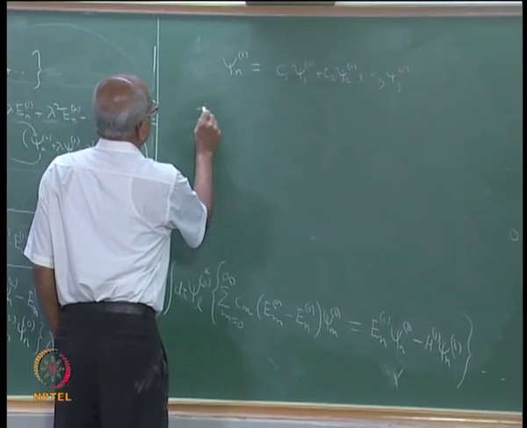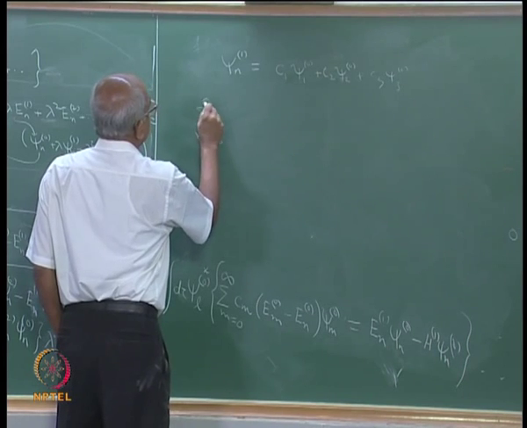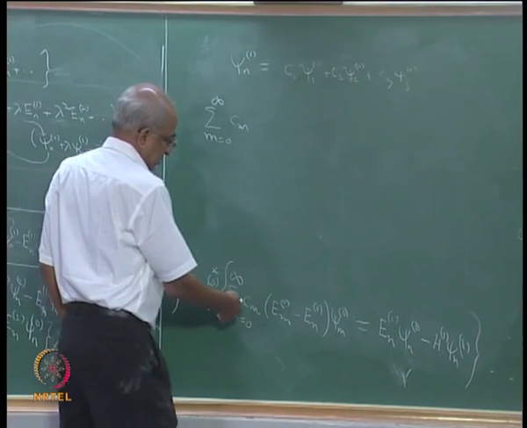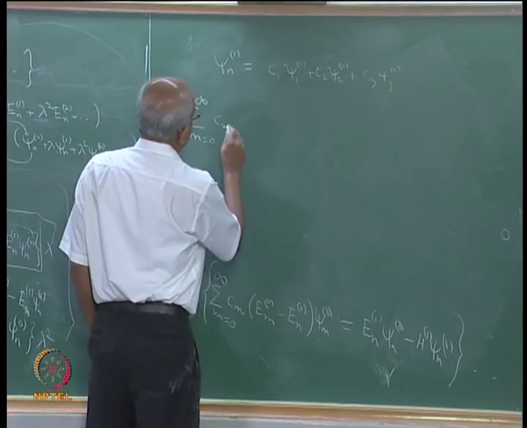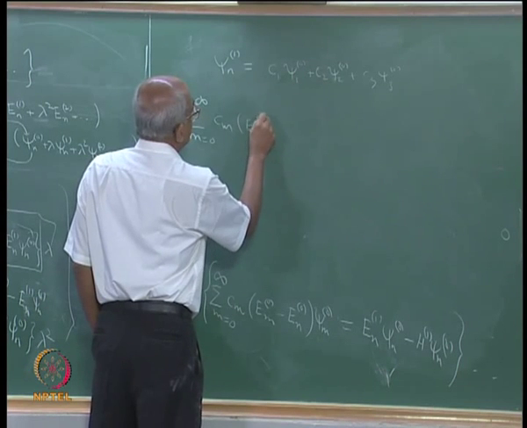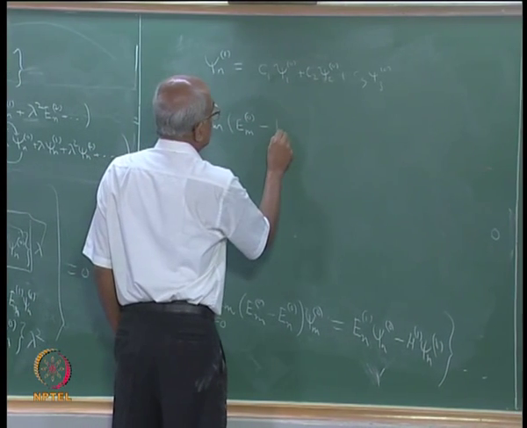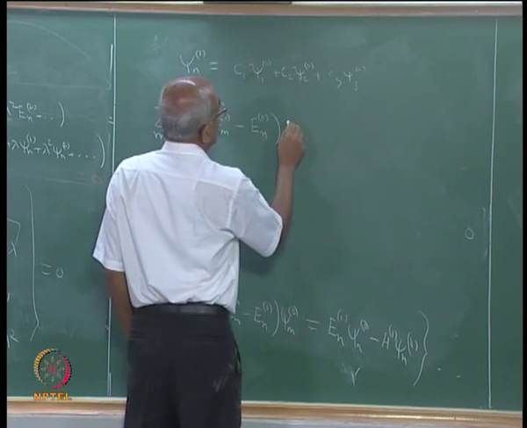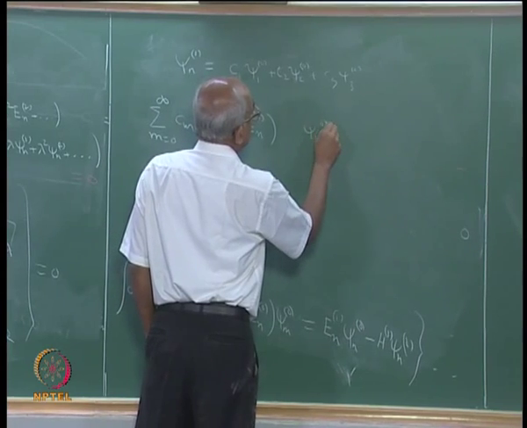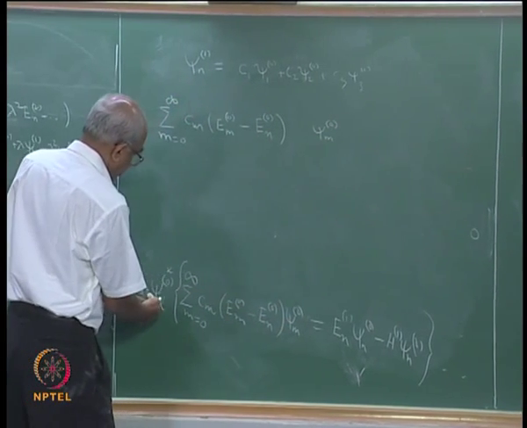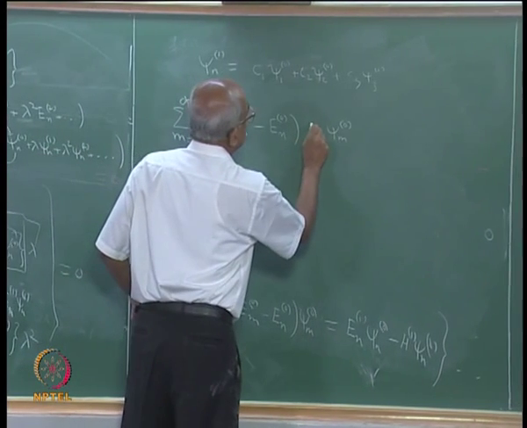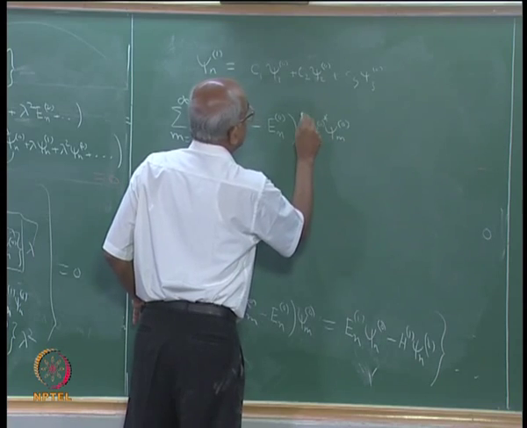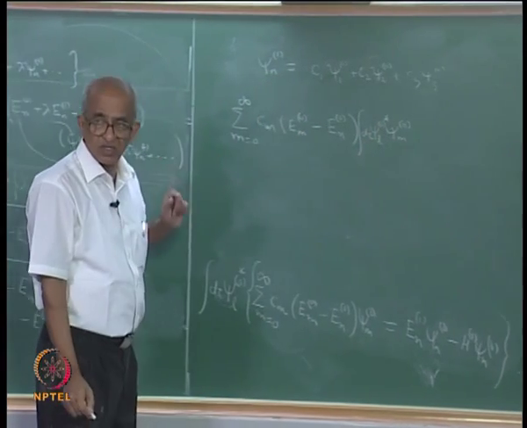I would have sum m going from 0 to infinity Cm, which is not affected by this integration process because it does not depend upon position, multiplied by E m 0 minus E n 0, into psi m 0. This is already there, but you are going to multiply by psi L 0 star and the volume element d tau and integrate.